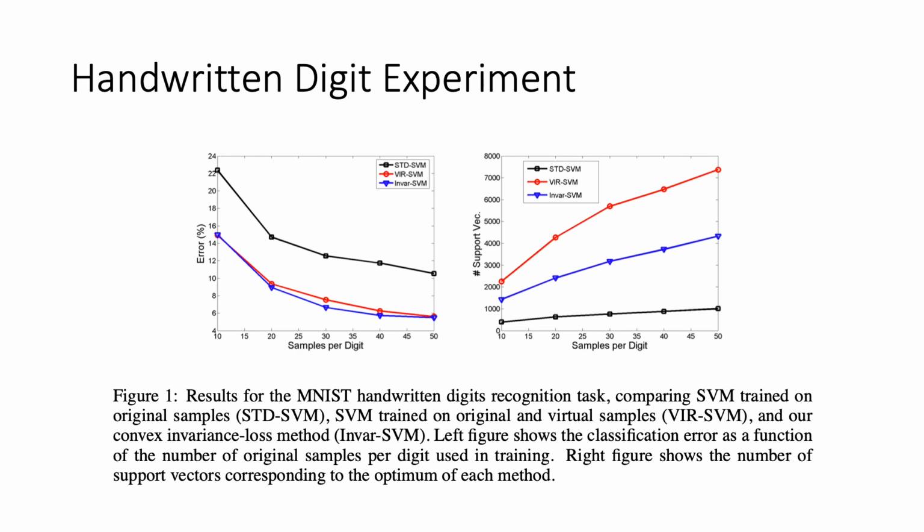So 500 in total for the 50 digit per class. And then they trained up 3 SVMs. The standard SVM didn't do that great in accuracy, but it did fantastically on the right there in number of support vectors. The first answer to this came from previous research.